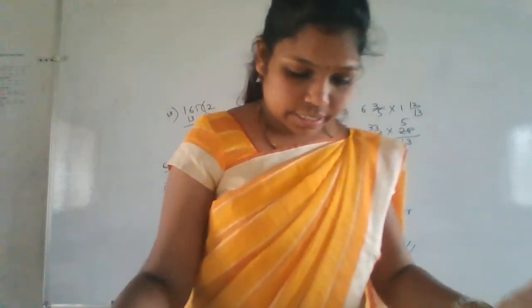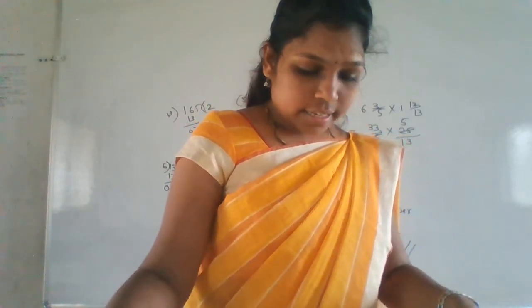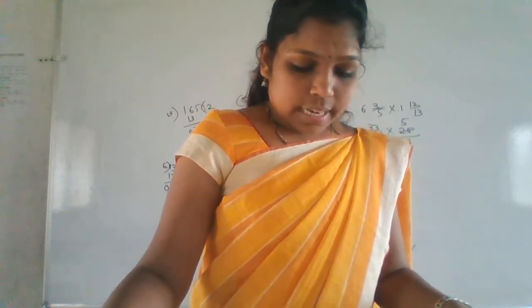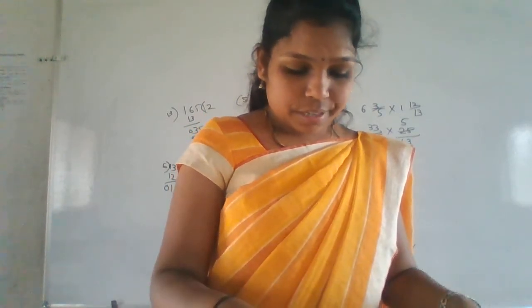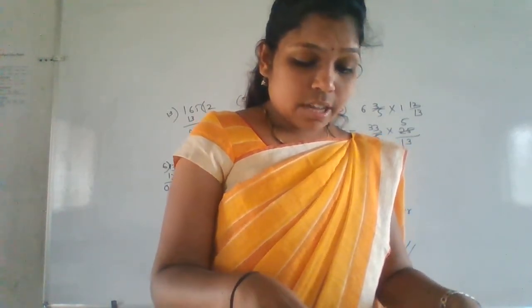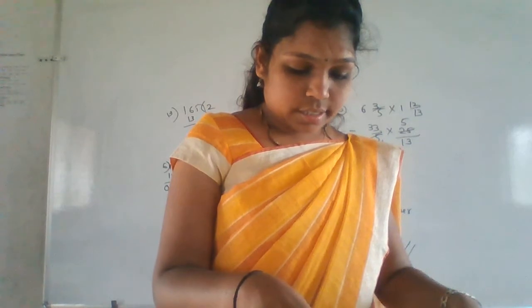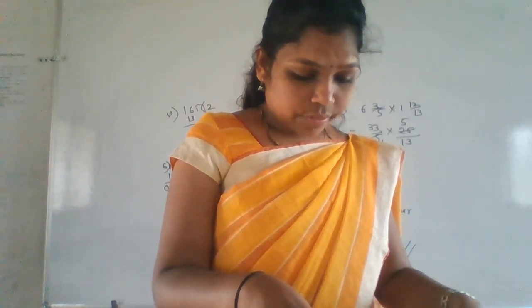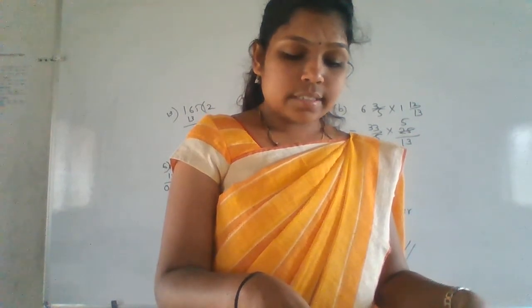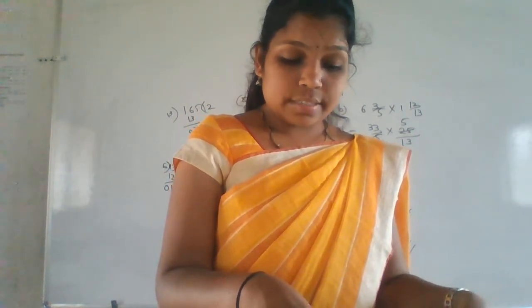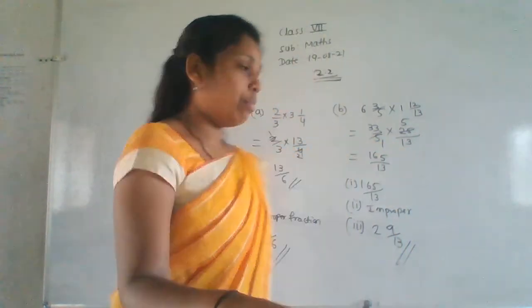The sixth one: 5 students stand in a row such that the distance between two successive students is always 1 integer 1 by 4 meter. Find the total distance between the first and the last student.